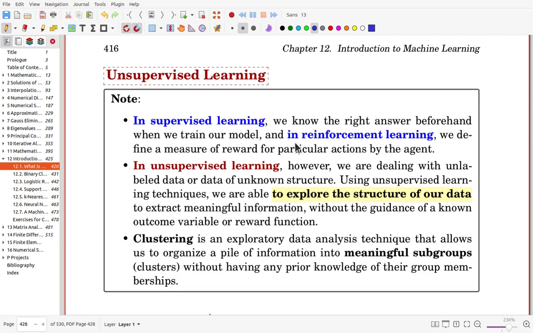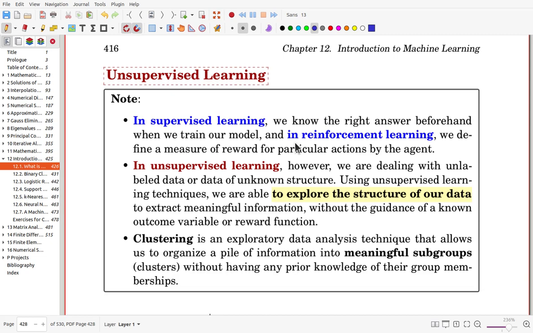In unsupervised learning, however, we are dealing with unlabeled data or data of unknown structure. Using unsupervised learning algorithms, we can explore the structure of the data set and try to extract some meaningful information.